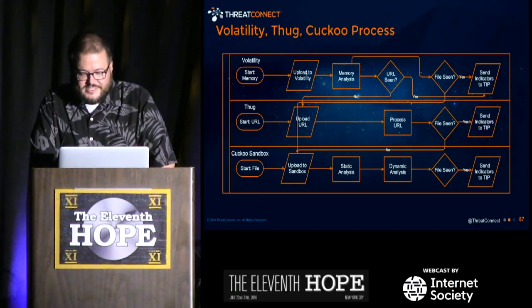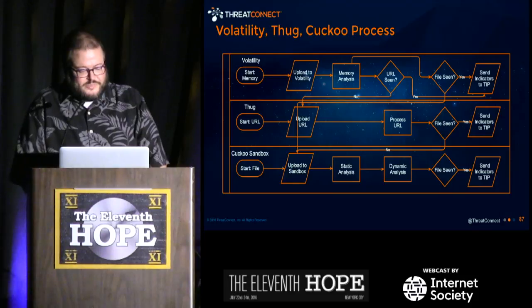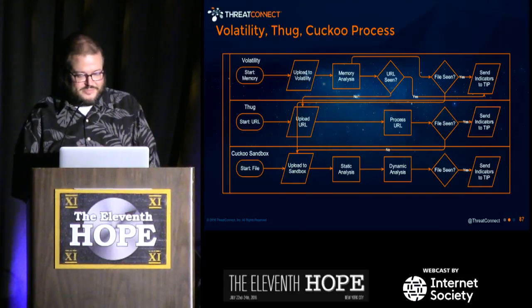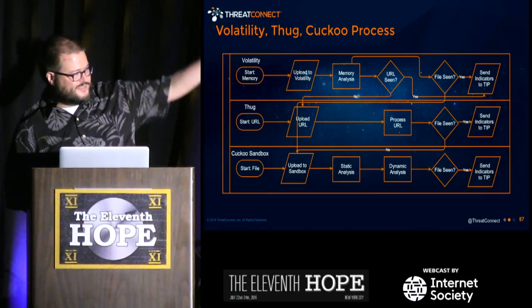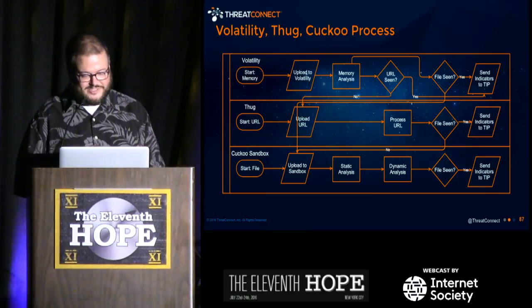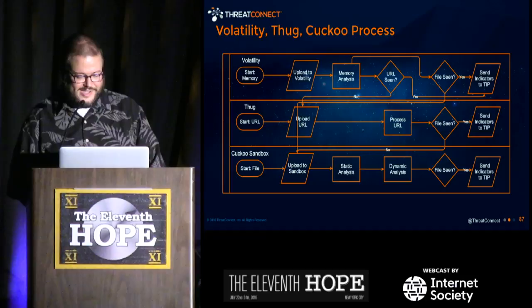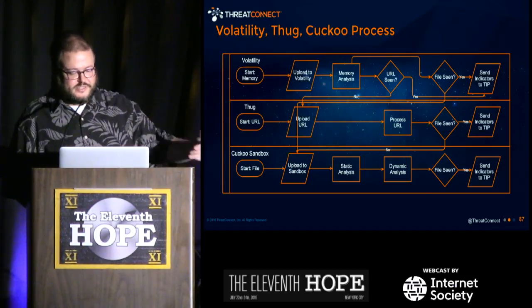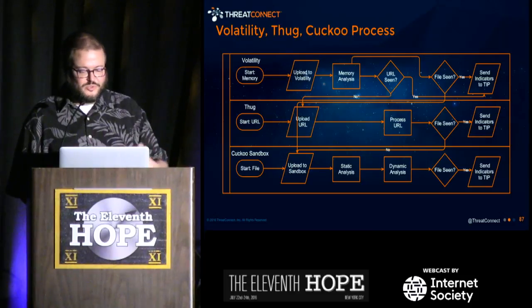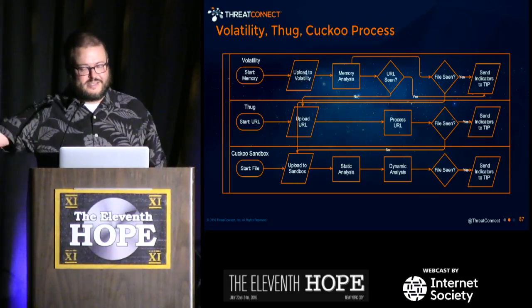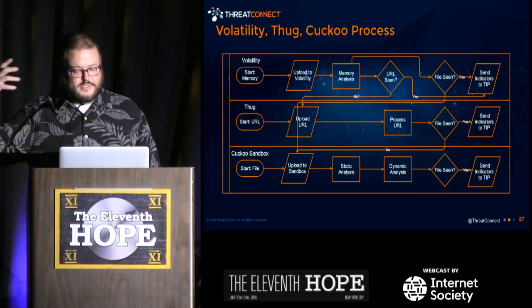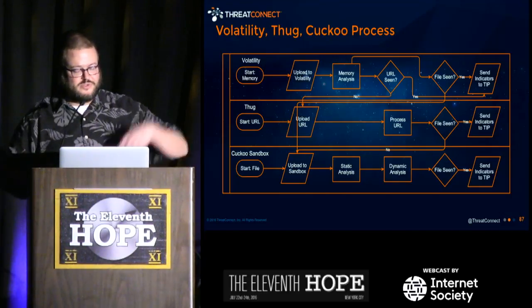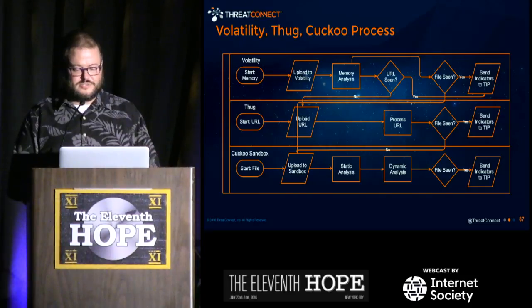It's the same thing with Volatility, and you conceptually marry these two together with the same concept. I know the upload URL has a little piece of spaghetti that I was unable to do right. But basically, you're taking the inputs and outputs that one particular tool uses, and if you've seen that particular thing before, you just consume the data that comes out, and if you haven't seen it before, you process it with another tool.